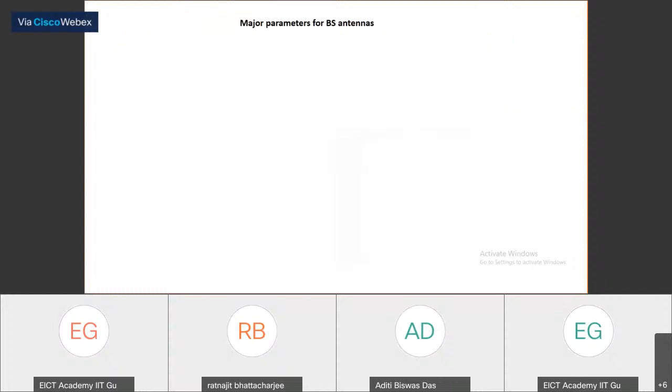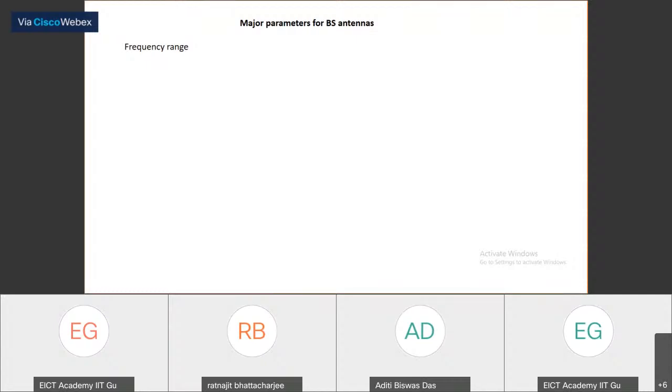So, major parameters. First is the frequency range. You know that today wireless communication is taking place at different frequency ranges. GSM, initially, was around 900 megahertz. Then we moved towards 1800 megahertz. Then in the sub 6 gigahertz range, activities are taking place around 3 gigahertz.